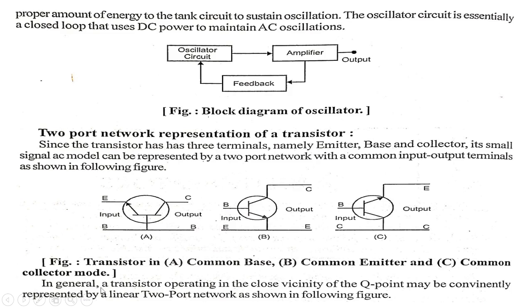In general, a transistor operating in the close vicinity of the Q point may be conveniently represented by a linear two-port network as shown in the figure.